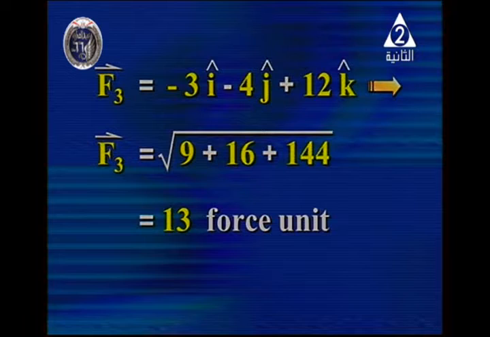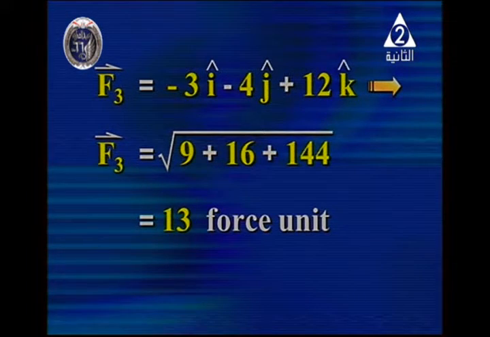What do you mean? We have 3 forces. If 3 forces act on the body with uniform velocity, then the sum of the 3 forces, or the resultant, must be equal to 0. What do you mean by the resultant of 3 forces? We mean the sum of the 3 forces equals 0.